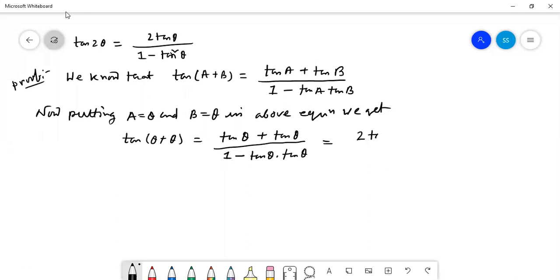That is 2 tan theta by 1 minus tan square theta. Proved.